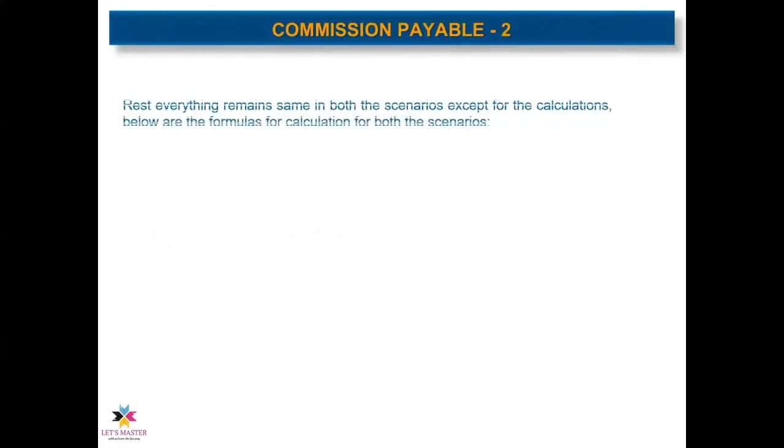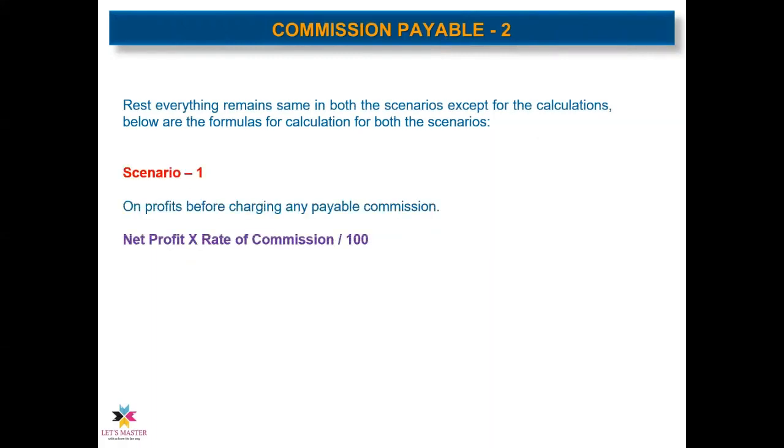So in both the scenarios, the formula for calculation is different. For the first scenario, when the commission needs to be calculated before charging any payable commission, the formula would be net profit multiplied by rate of commission divided by 100.